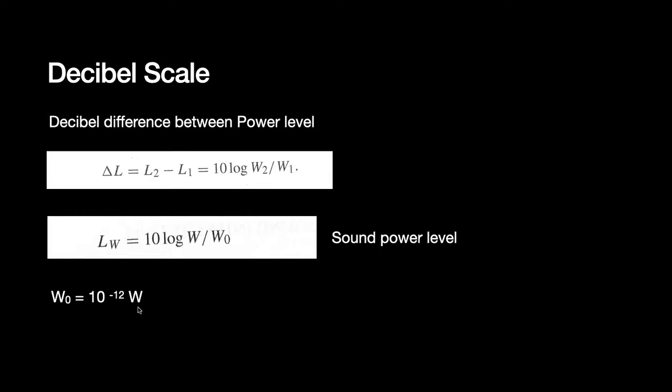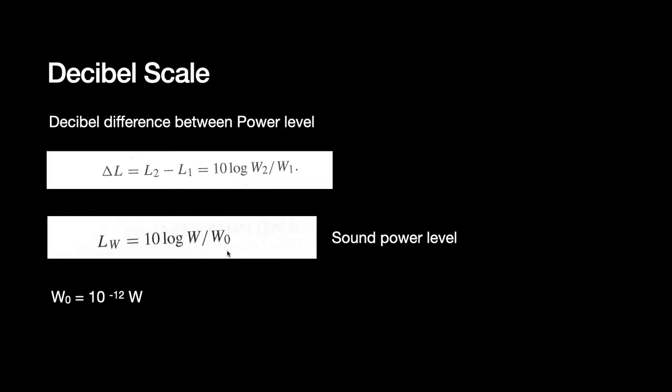I think we have already spoken about it earlier, so I don't have to get into details. Just in short, this is the minimum power per unit area that is on an average audible to human beings. So that gives you W0.